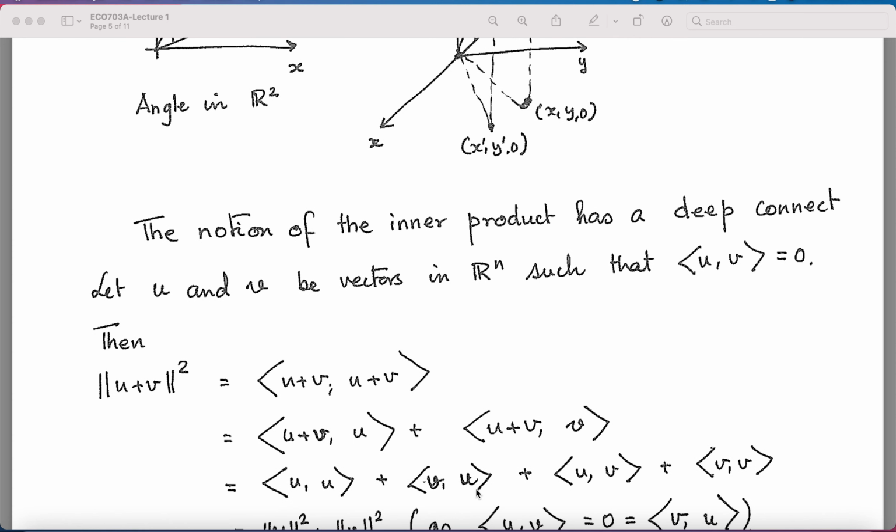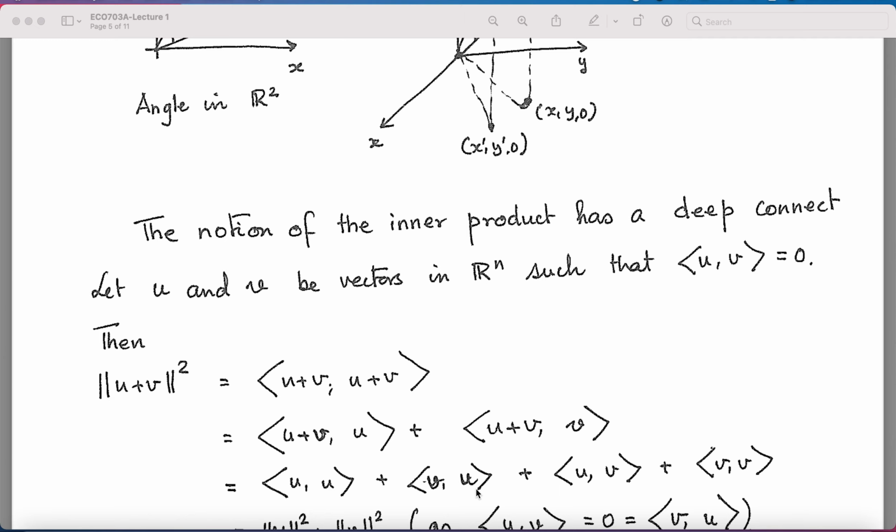Let us try to compute norm of u minus v squared. Observe, if one side of a triangle is represented by the vector v, and its length hence is norm v, and another side is represented by a vector u, whose length is norm u, then the third side can be represented by the vector u plus v with norm u plus v.